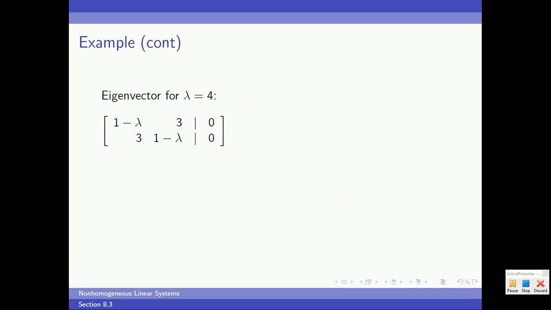To find the eigenvector for lambda equals 4, you set up the equation where you want A minus lambda I times your k equal to 0. Here's my A minus lambda I, and here's my 0. This is my augmented form. Plugging in the 4, I have this matrix. Adding these two rows together, the bottom row is going to be 0, and I can take negative 1/3 times the top row, and so I get this system.